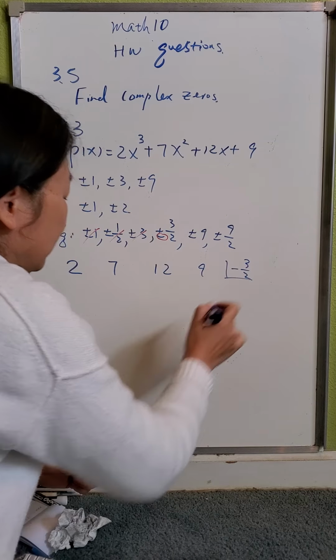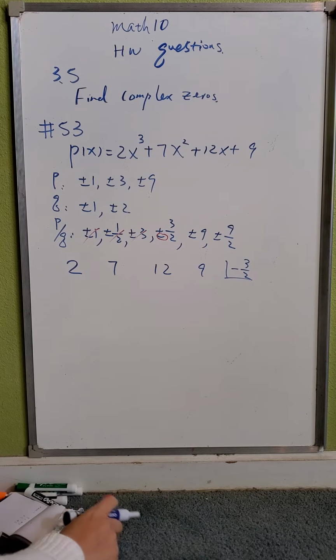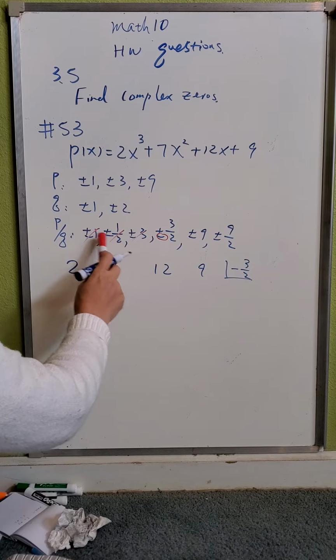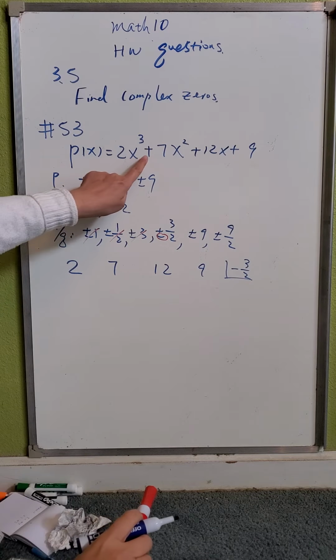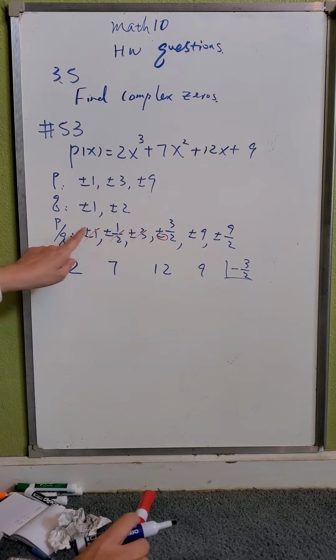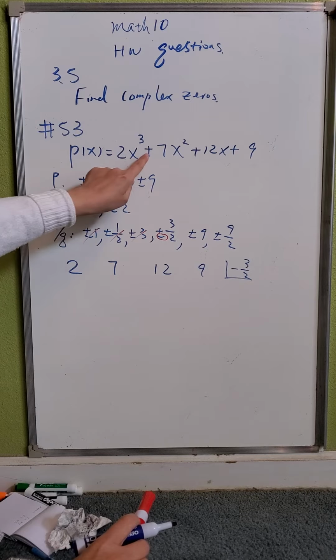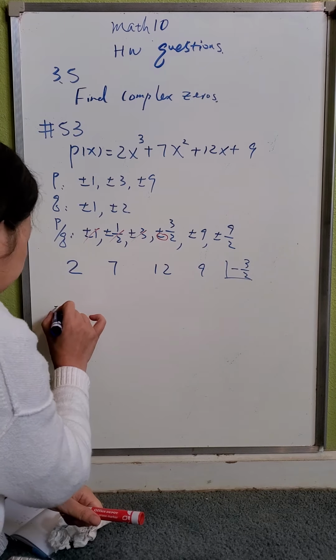I knew it had to be negative because when they're all positive, whatever works has to be negative, so I didn't even check the positive ones. That's a hint, okay? If you see all positive coefficients here, then you don't check the positives, just check the negatives. If they're all negative, then you check the positives. That usually works pretty well.